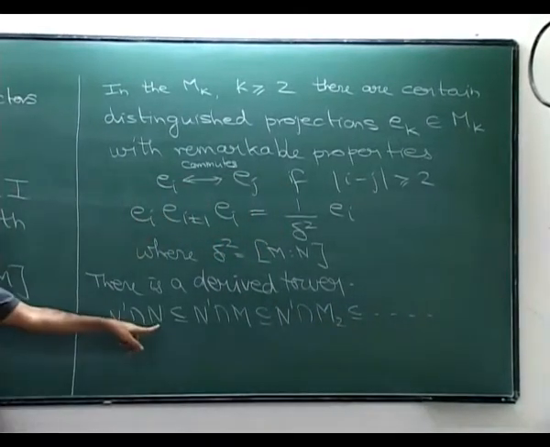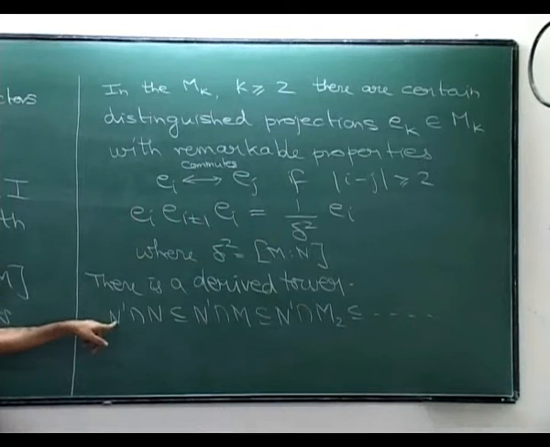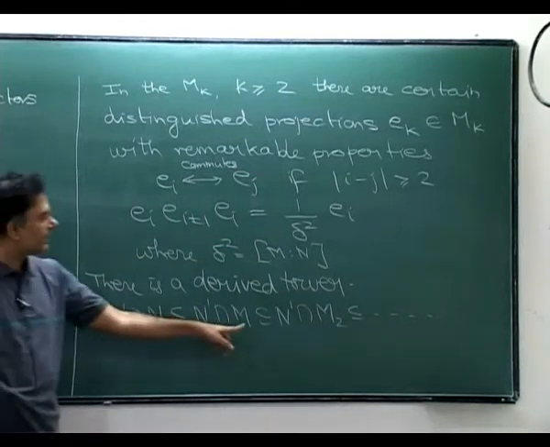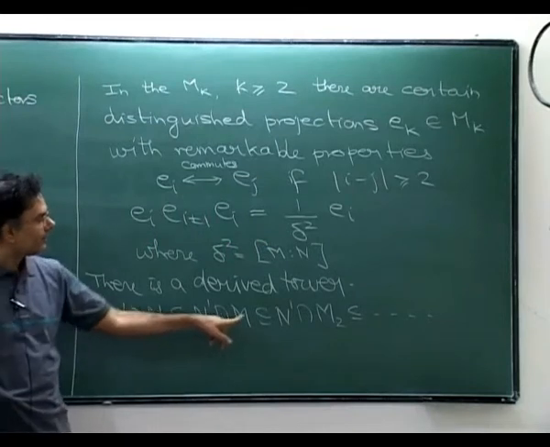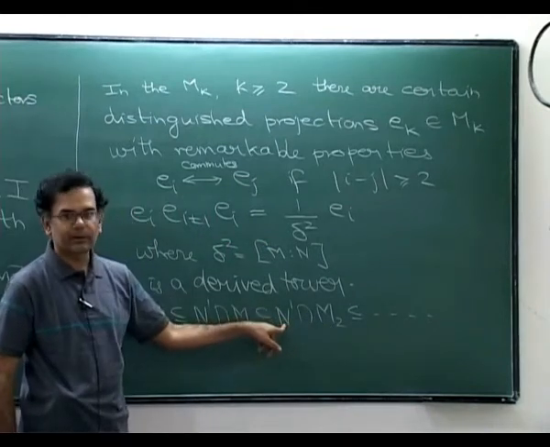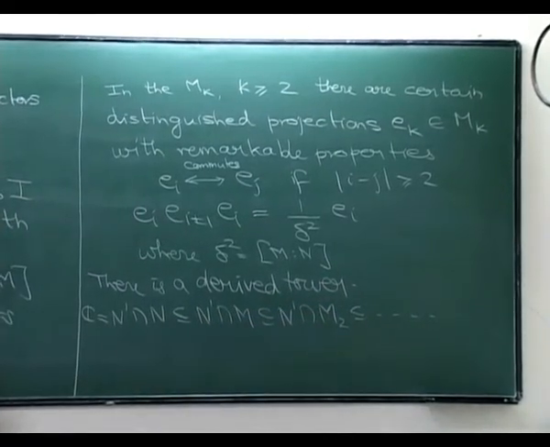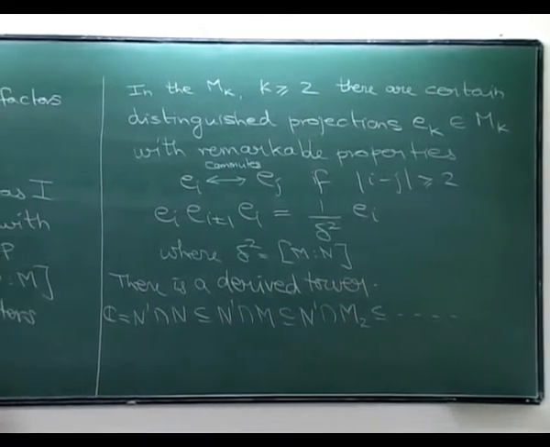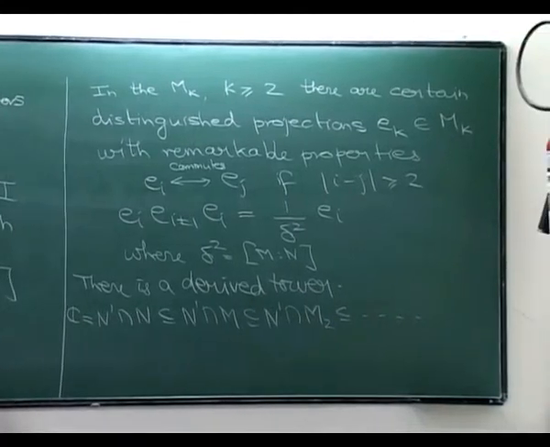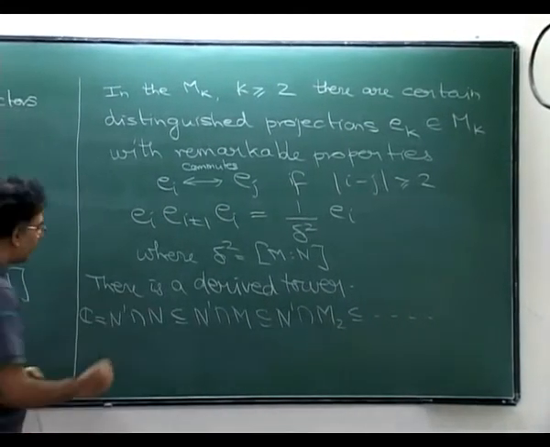So this is the things in N that commute with everything in N. This we know is just scalars because N is a factor. The things in M that commute with everything in N, the things in M2 that commute with everything in N, and so on. So this is also an increasing number of algebras, and the remarkable thing is when the original one is a finite index, all of these are finite dimensional algebras.